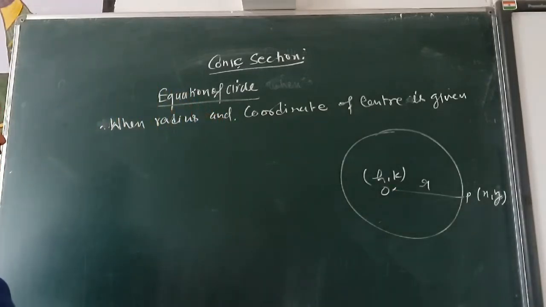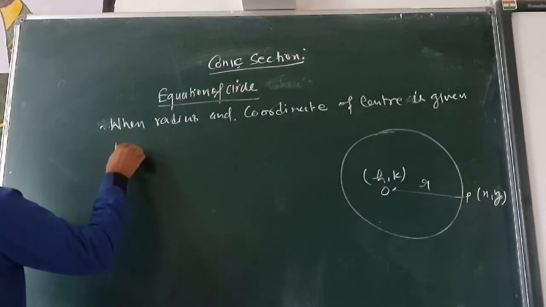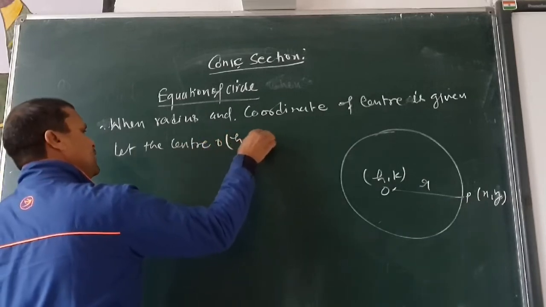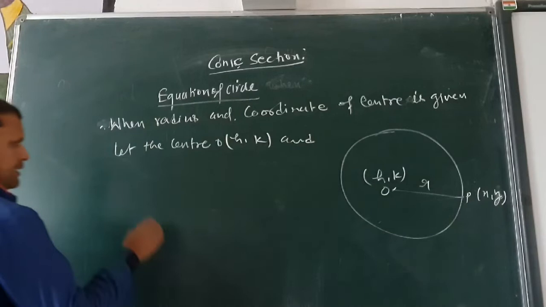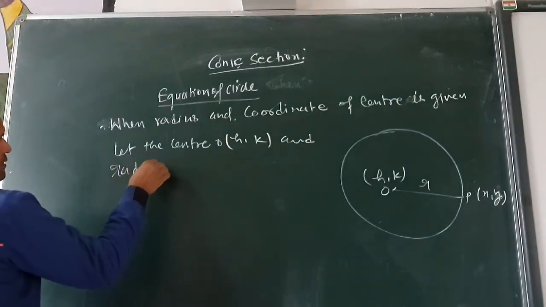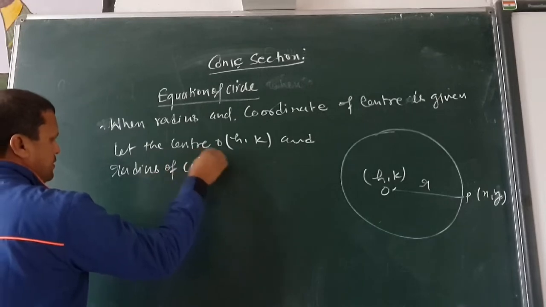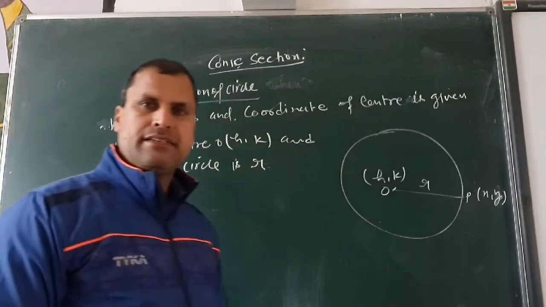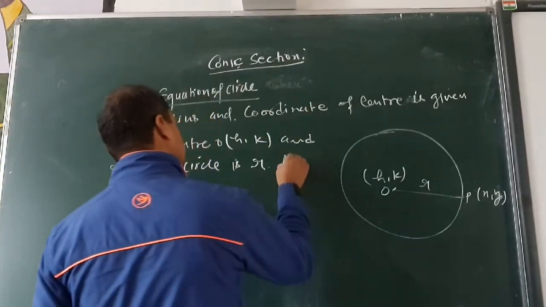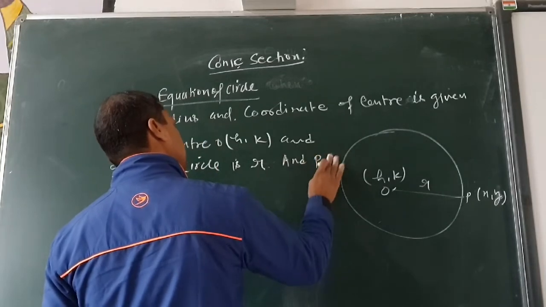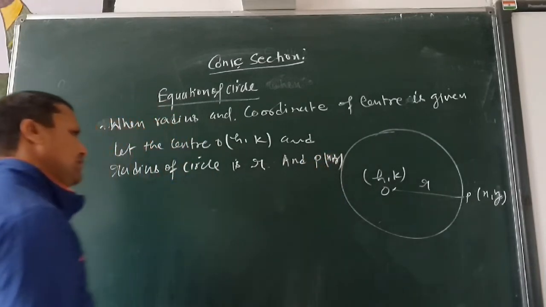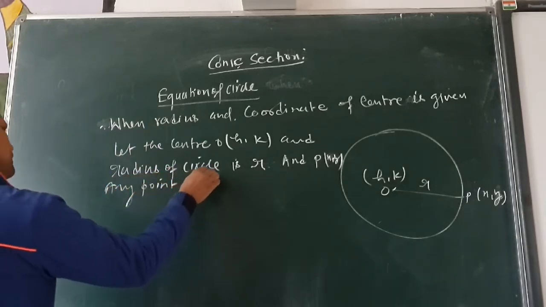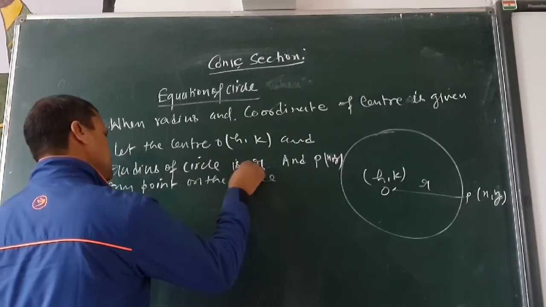So let the center O be (h, k), and the radius of the circle be R, and P is any point on the circle, and P is (x, y).